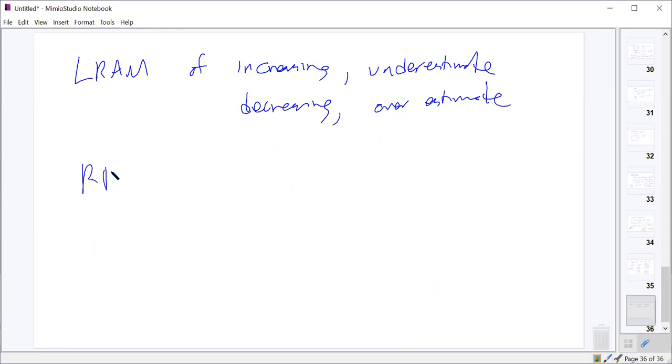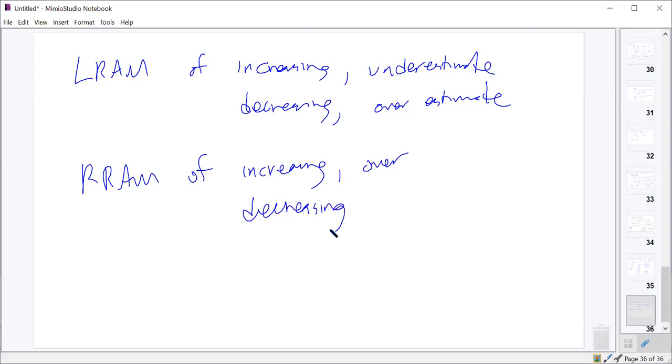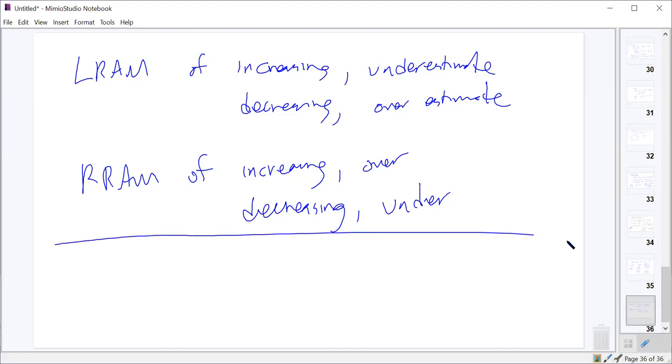A right rectangular approximation is just the reverse. If it's an increasing function, it's going to be an overestimate, and if it's decreasing, it's going to be an underestimate. In terms of the midpoint rectangular approximation, they don't usually ask about that, so you're not going to need to worry about that. But the trapezoidal, they will.